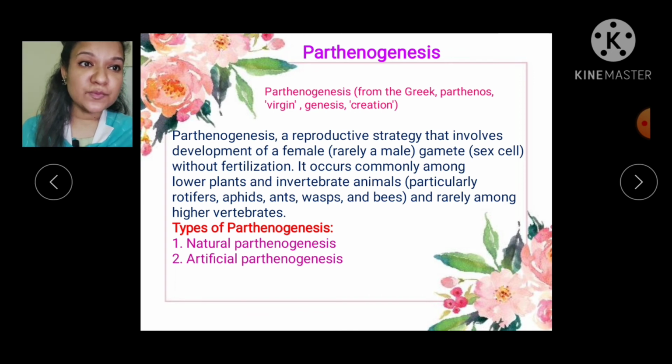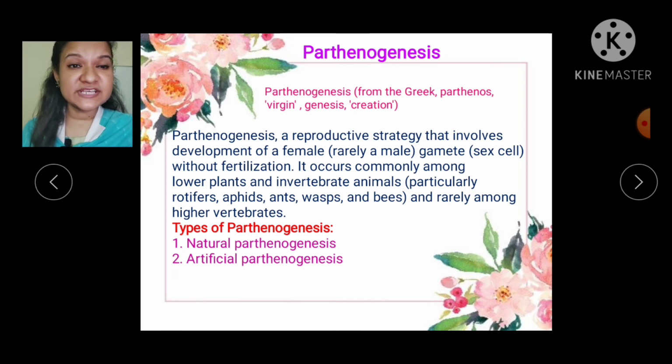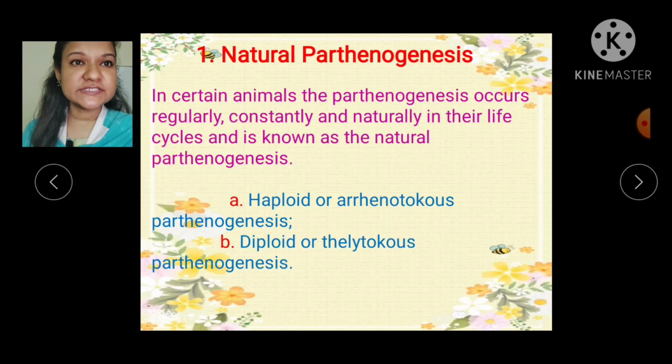It occurs commonly among lower plants and invertebrate animals, particularly rotifers, aphids, ants, wasps, bees, etc., and rarely among higher vertebrates. There are two types of parthenogenesis: natural parthenogenesis and artificial parthenogenesis.